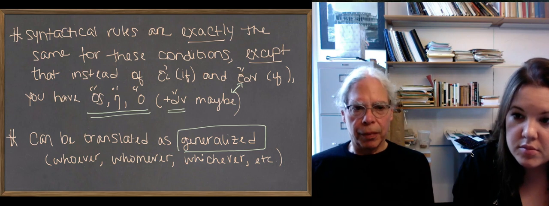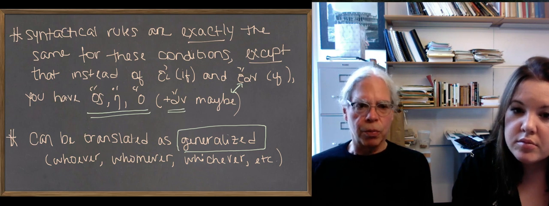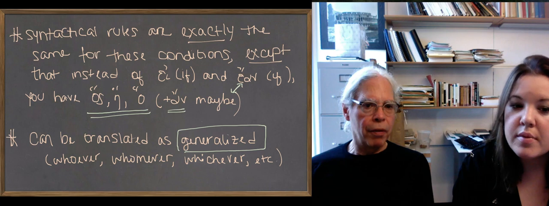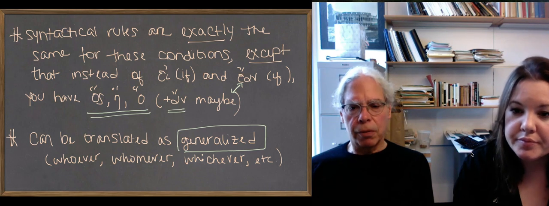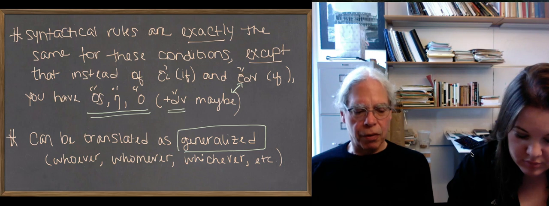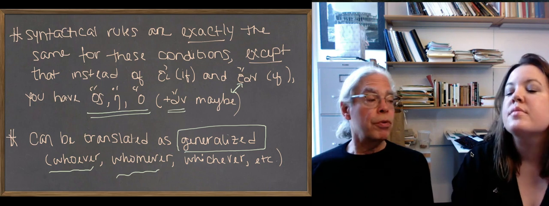And again, what we think is that you can translate the relative pronoun itself. This is probably the most effective way of doing it, to translate the relative pronoun in these conditions with whoever, whomever, whichever. We're also going to see that for some of them, you need to actually translate the relative pronoun as anyone or someone, whatever works, and introduce the word if.